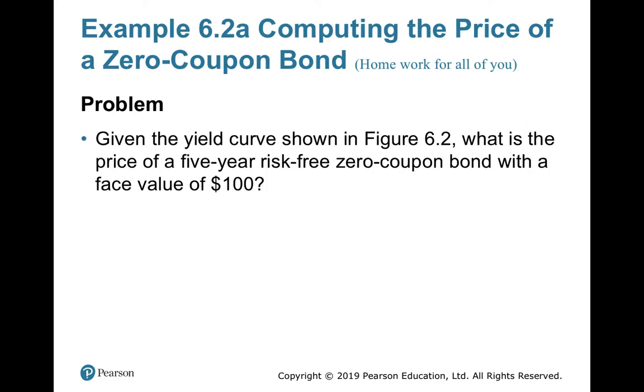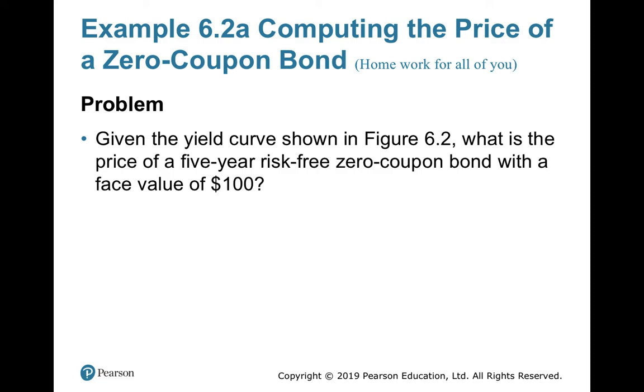Next question, homework for you. Given the yield curve shown in 6.2, what is the price of a 5-year risk-free zero coupon bond with a face value of 100? Here again, future value is 100. In the previous question, the future value of the bond was 900. Here, the face value of the bond is 100. Every time, face value is the point of reference. Therefore, future value 100 divided by 1 plus r to the power t, where t is 5 years.